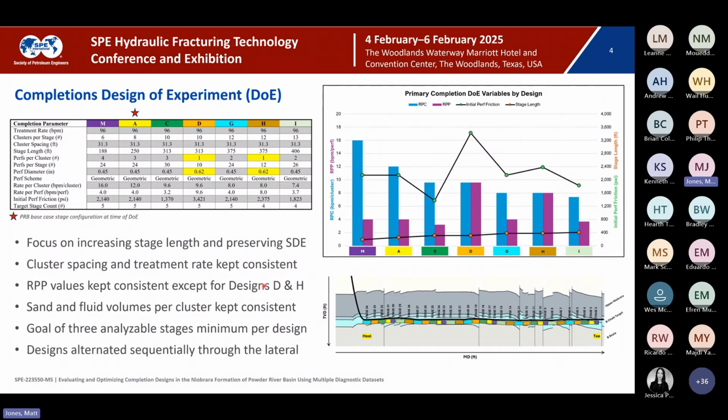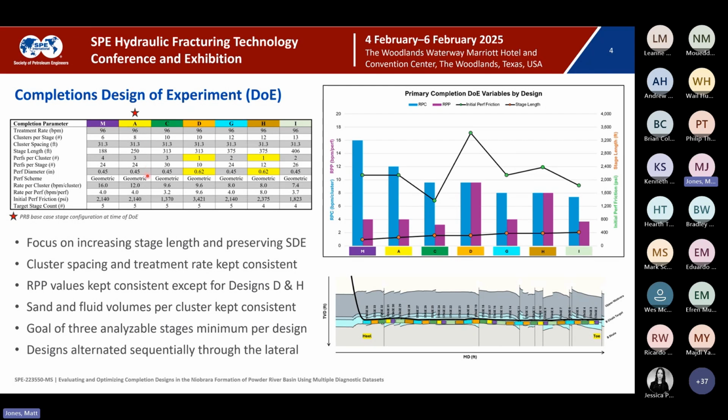The base design we had for the project is called in the paper and in this presentation Design A, which I'm showing here. Just to walk through it, it is an 8 cluster stage with 31.3 feet cluster spacing, which gives us a stage length of approximately 250 feet. 3 perforations per cluster, which gives us 24 total perforations per stage, and an advertised perf diameter of 0.45 inches.